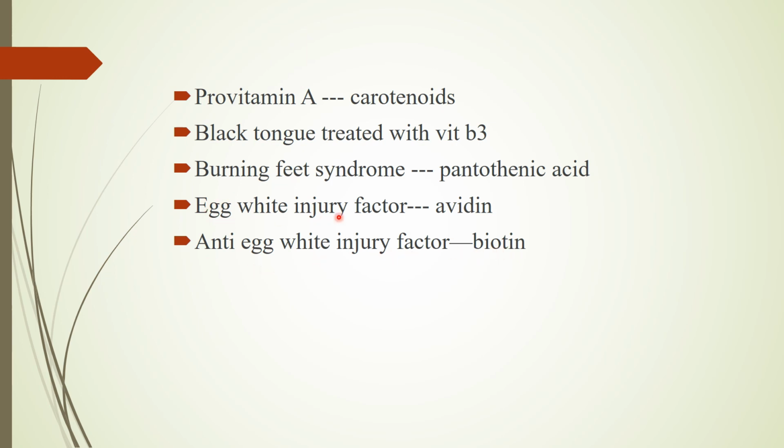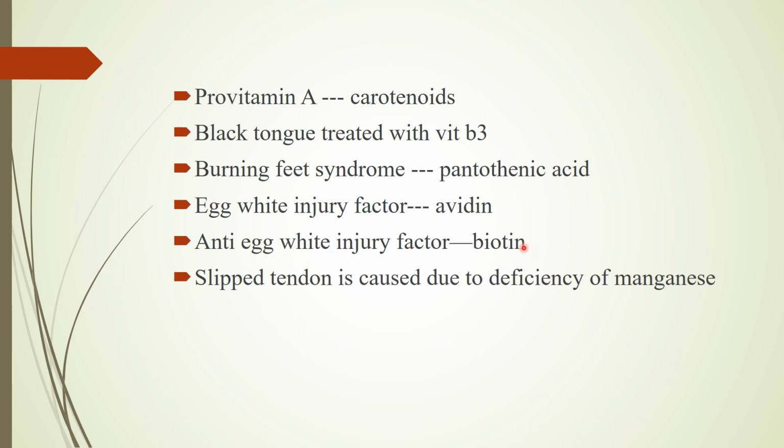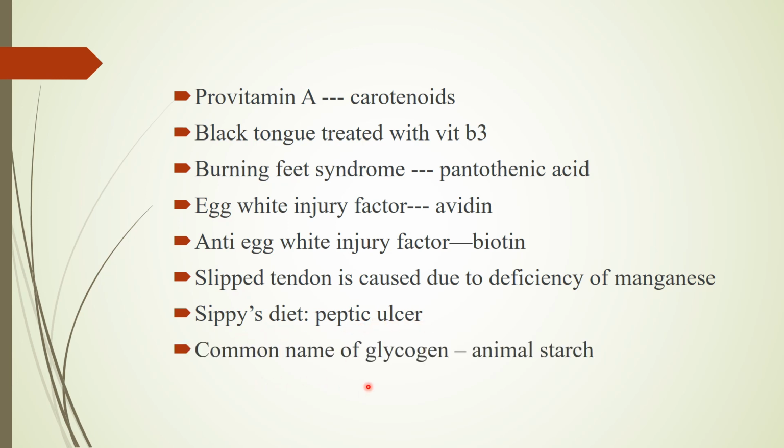Slipped tendon is caused due to deficiency of manganese. The diet prescribed in peptic ulcer is known as the Sippy diet. Common name of glycogen is animal starch.